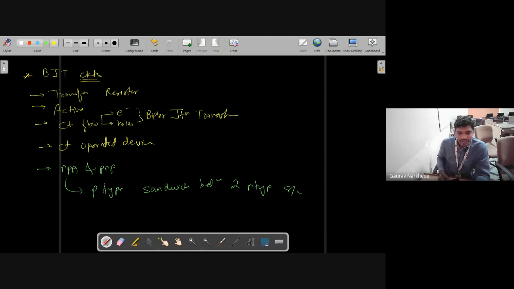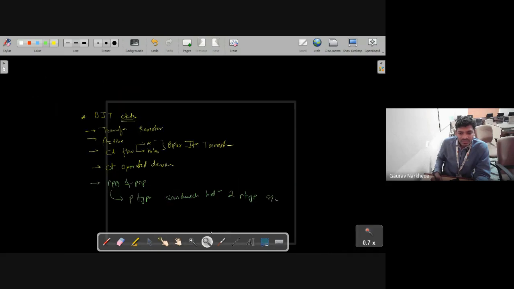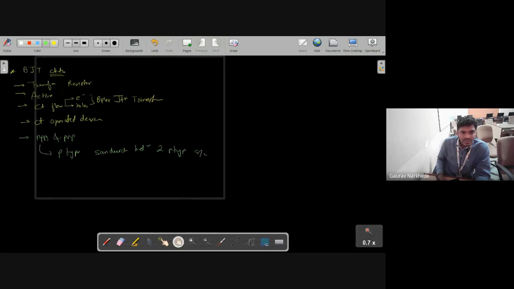Okay, so listen, how is it? This forms like this. We have an N type semiconductor, we have another N type semiconductor, and we put a P type semiconductor between them. Then I will take out three terminals.